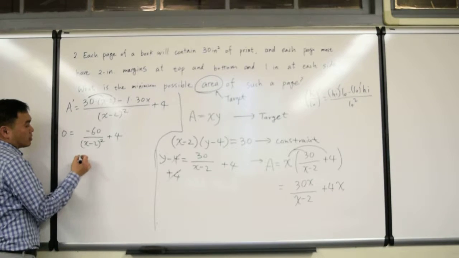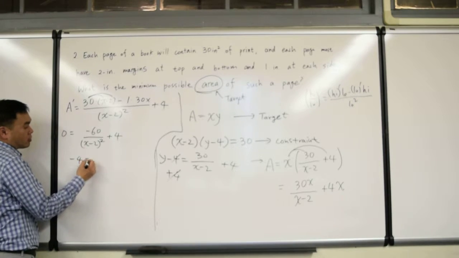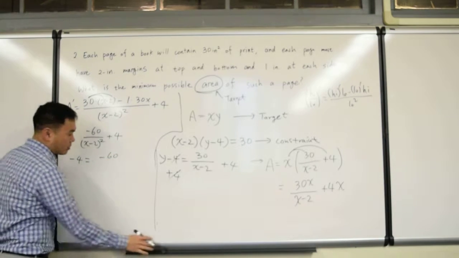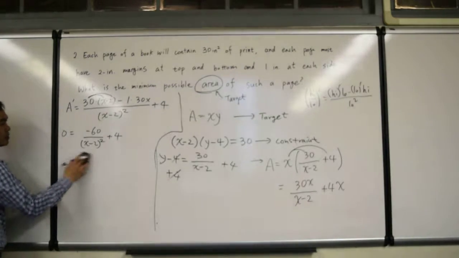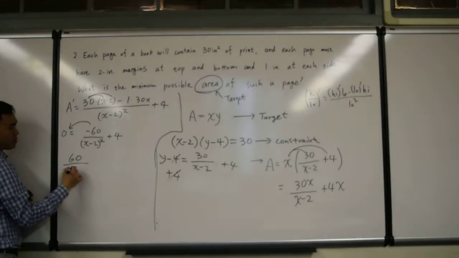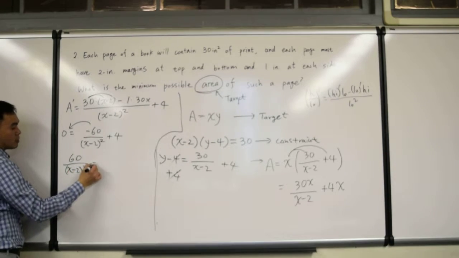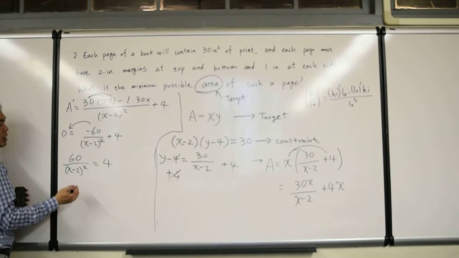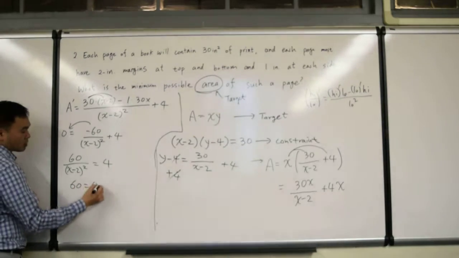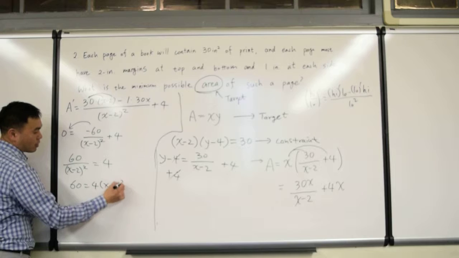Negative 4 equals negative 60 over, no, I like the other way better. Let's move this over. So you have 60 over (x minus 2) squared equals 4. Now multiply by (x minus 2) squared and you get 60 equals 4 times (x minus 2) squared.